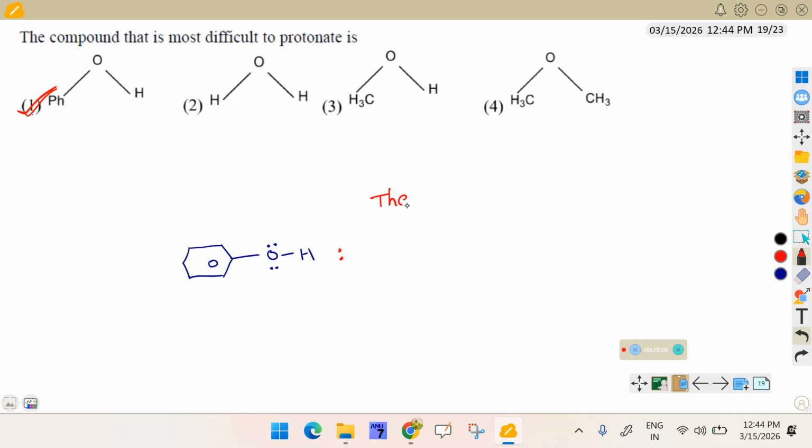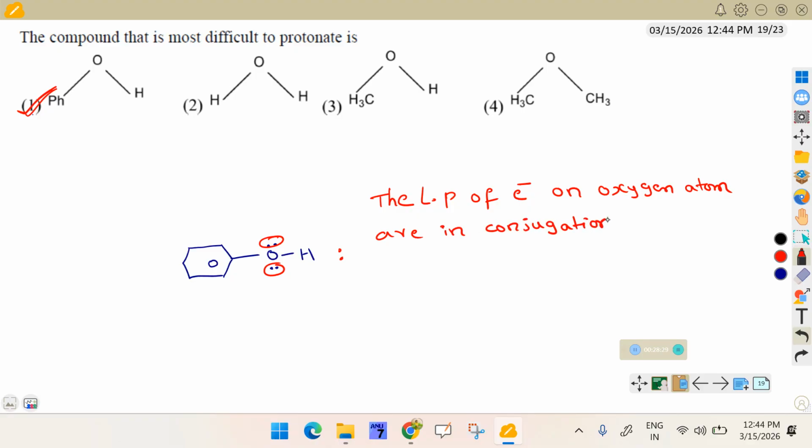The lone pair of electrons on the oxygen atom are in conjugation with the pi electrons of the benzene ring through resonance.